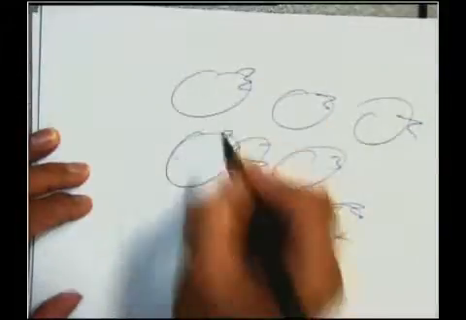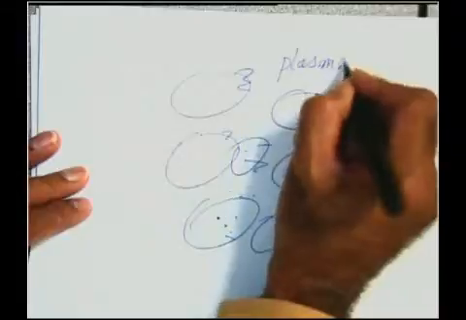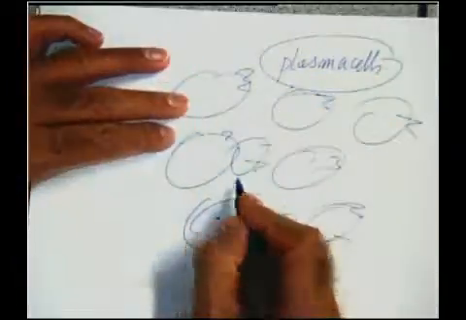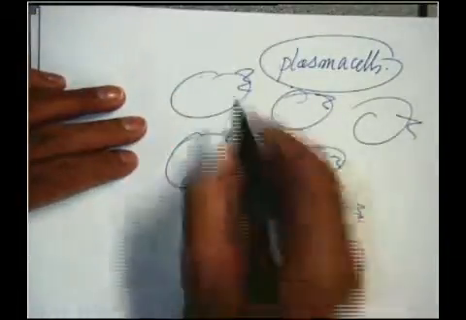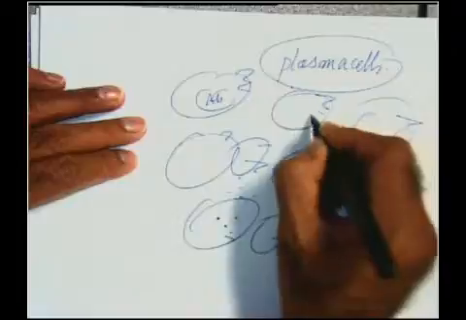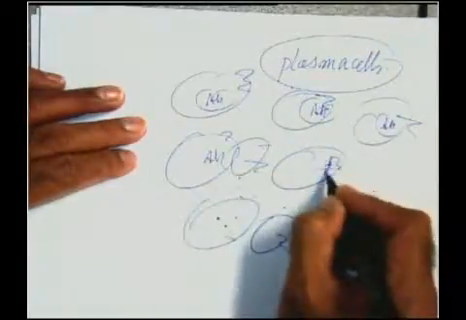When they mature, we call them plasma cells. Plasma cells are nothing but matured B cells, which synthesize one type of antibody. So now you get this antibody being released into the system.